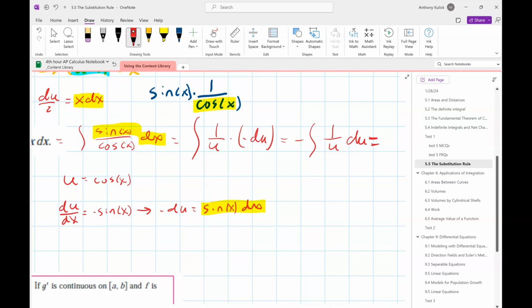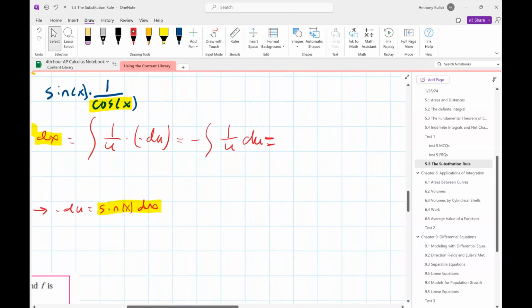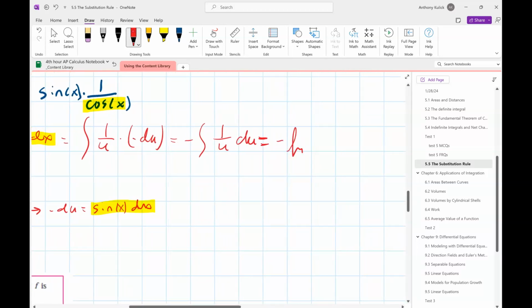Braden. The natural log? Close. Natural log of the absolute value of u. Why does the absolute value have to be there? Oops, I meant u there, not x. We can't take the natural log of non-positives. So 0 or negatives are both problems. That's why it's an absolute value there.